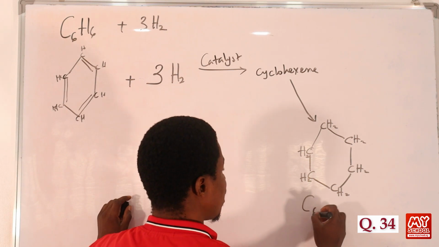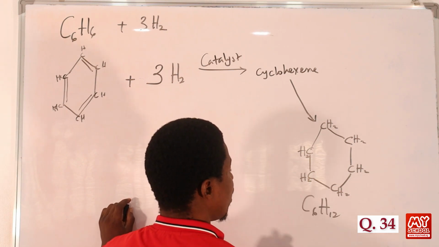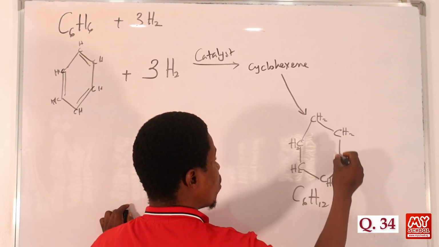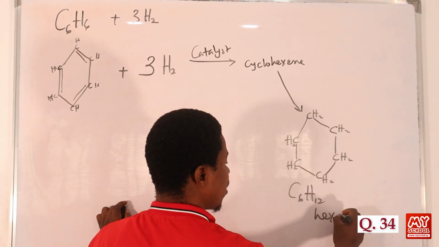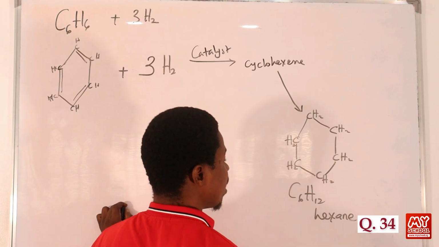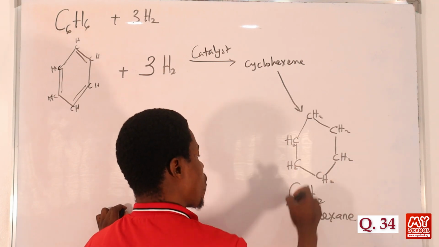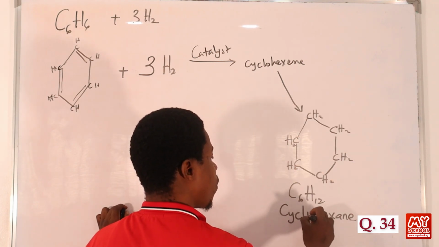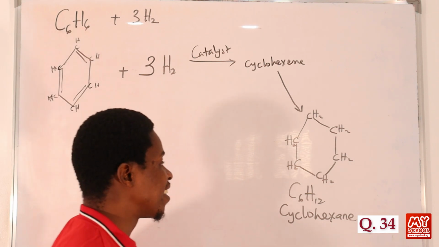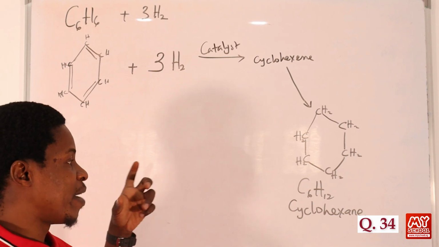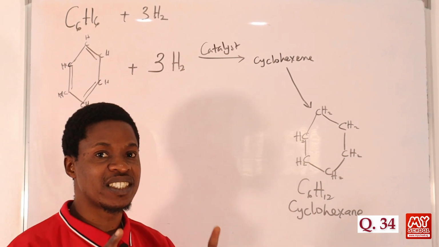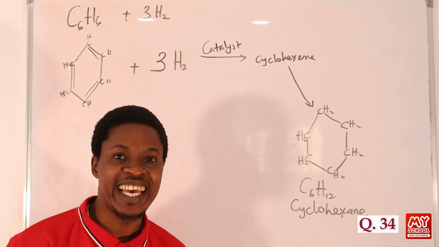Eventually we are going to have C6H12. How many carbons do we have? We have 6, so that is hexane for an alkane, but because it is in cyclic form, we call it cyclo, cyclohexane. Cyclohexane is what we have. So catalytic hydrogenation of benzene will always give us cyclohexane, not hexane.